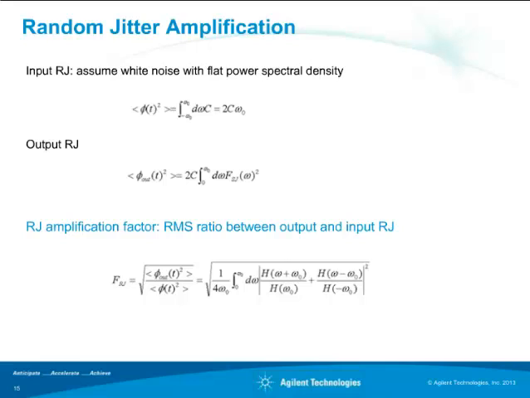And then we arrive at the RJ amplification factor given at the bottom of this slide. And the RJ amplification factor is defined as the RJ RMS ratio between output and input.